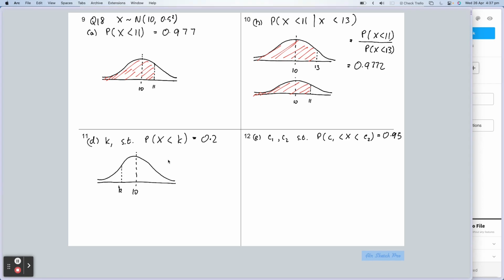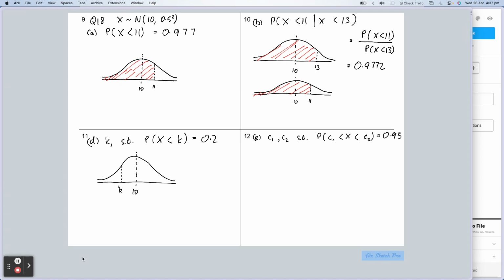It's because I know that the area under this curve on the left-hand side is 0.5, and the area on this side of the curve is 0.5 because the normal distribution is symmetrical. Because I know it's symmetrical, and this side is 0.5, then 0.2 must represent a value of K below 10. So I know that K is below 10. I just don't know exactly what it is.